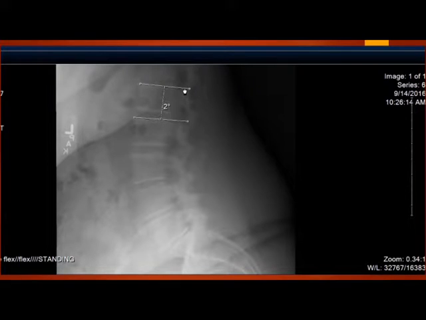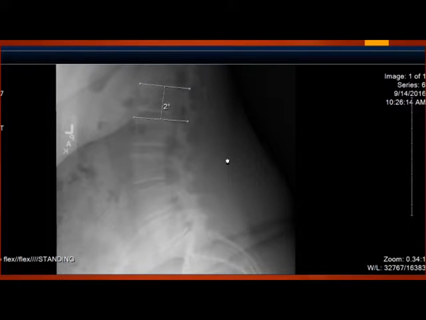Now, notice that these lines here in the back, they would converge eventually at some point back here, while these lines in the front of the vertebrae are diverging. So we're going to name this a -2 degree angle. Lordosis angles are negative angles. In this lumbar position, L1 in relation to L2 are in lordosis.